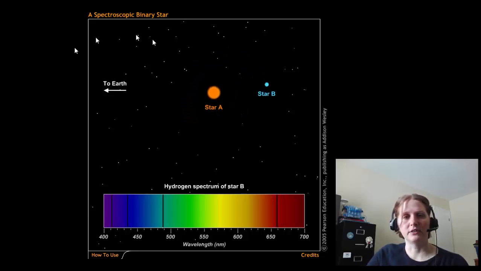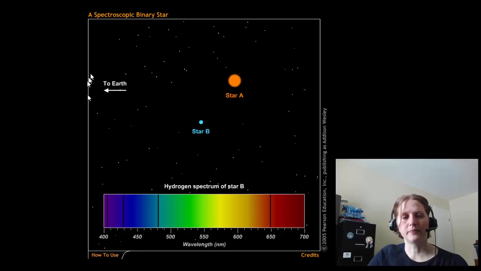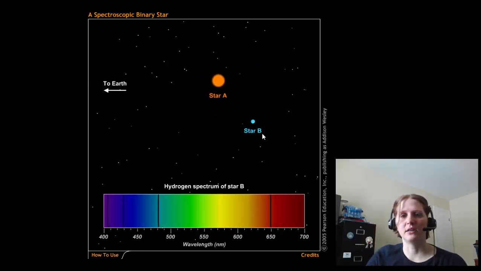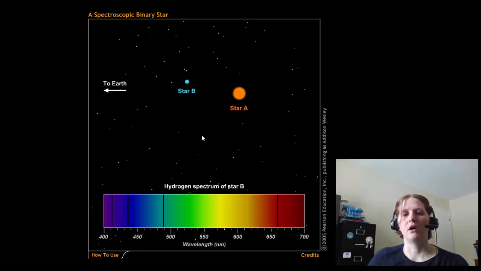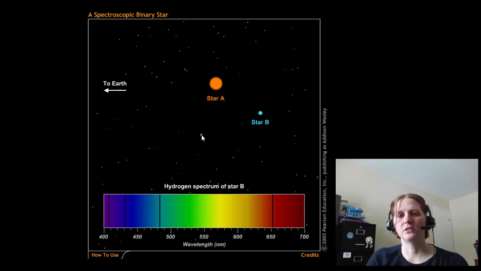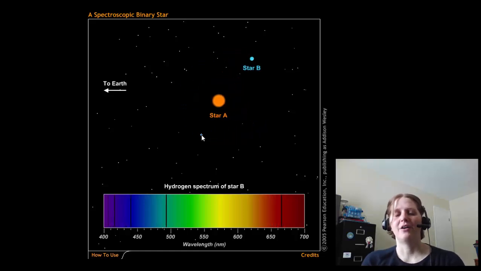And notice Earth here is off to the left. So if star B moves towards us right now, all of the spectral lines should shift towards the left. When star B is moving away from us right about now, all of the spectral lines are shifted to the right.